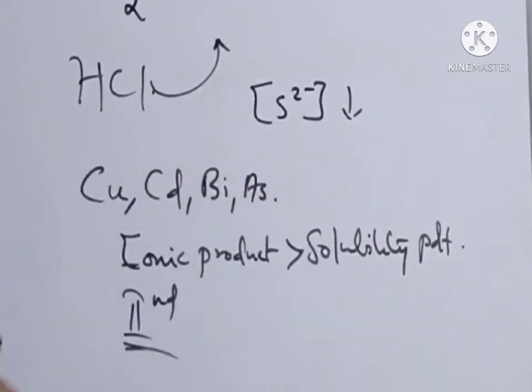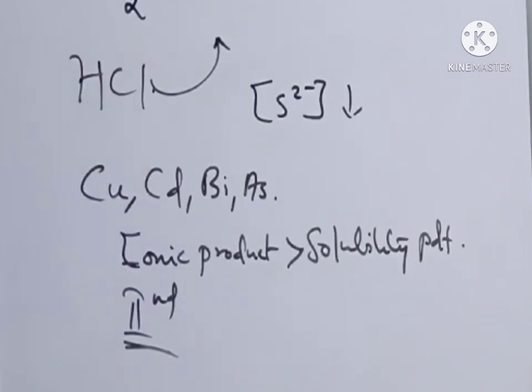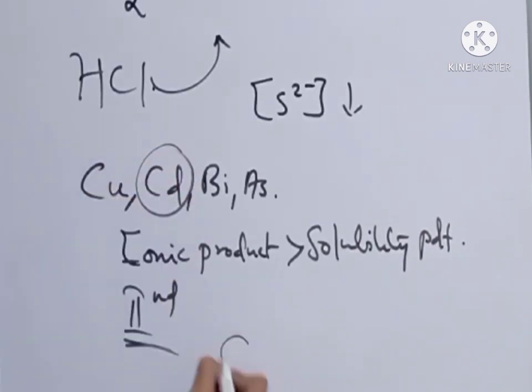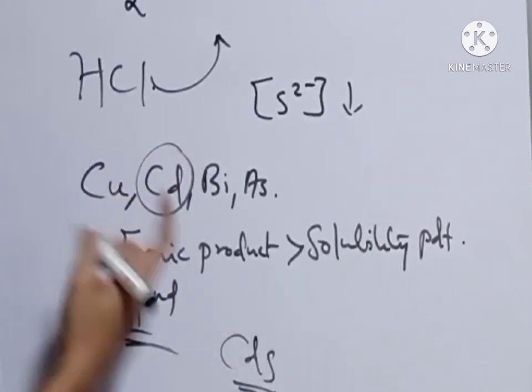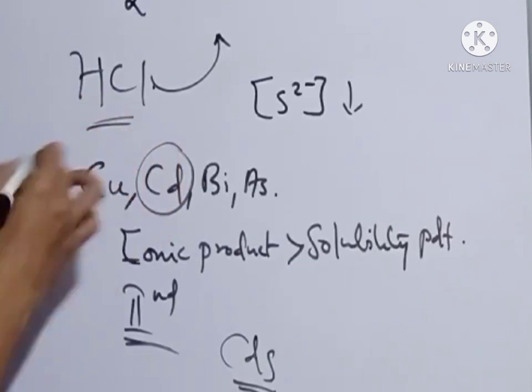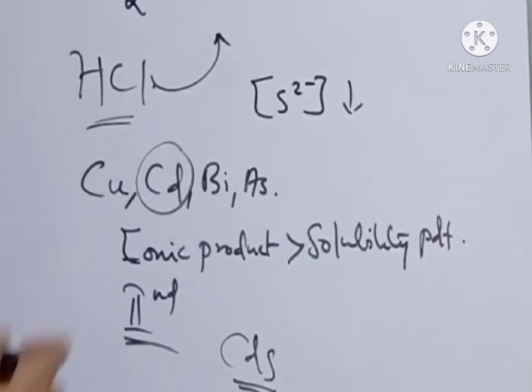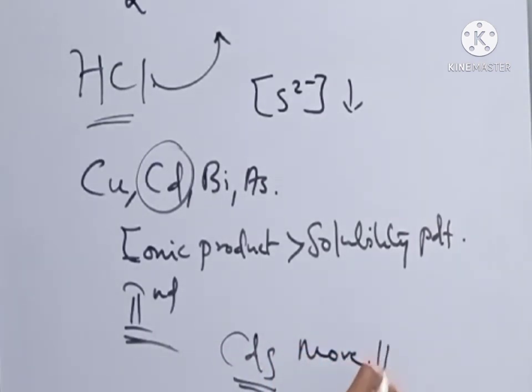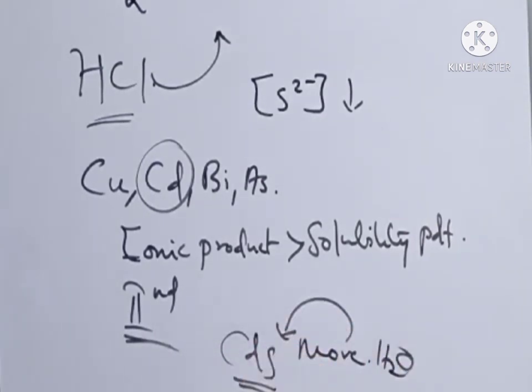Among these metals, the solubility product of cadmium is very high. So if we want to precipitate cadmium sulfide, CdS, we need to dilute the hydrochloric acid added to this. That is, we have to add more water to the reaction mixture.